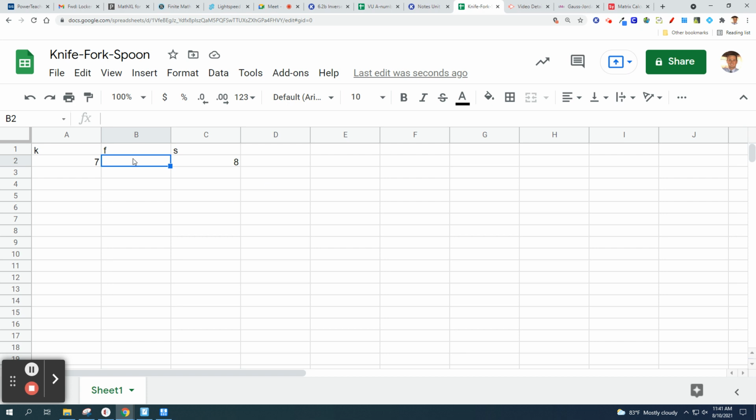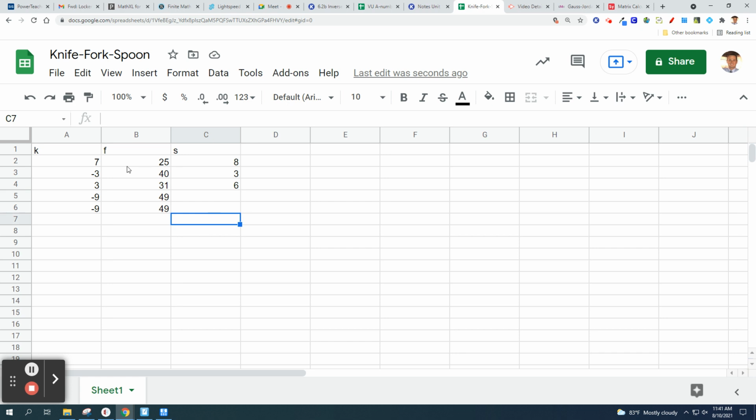So I'm going to do equals 49 minus 3 times the number of spoons. I can copy this down and find other possible solutions, but you notice some of them are negative, and those aren't going to work.